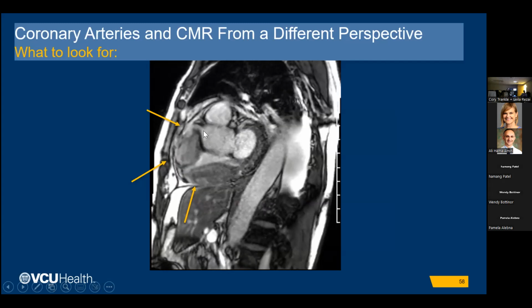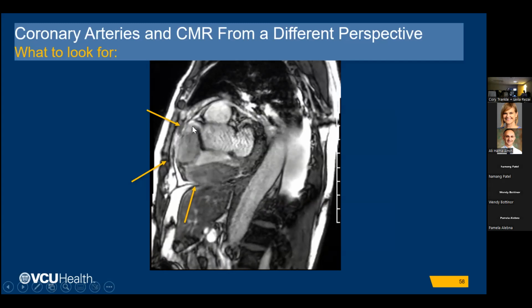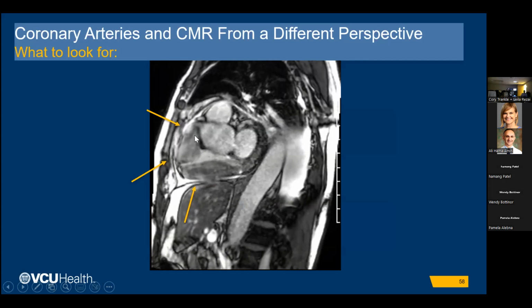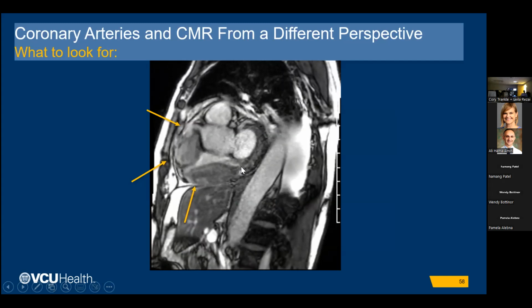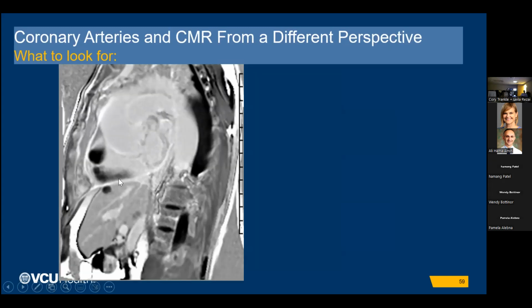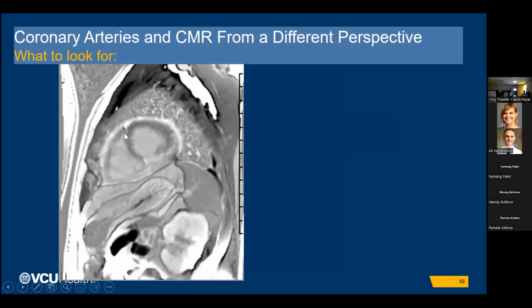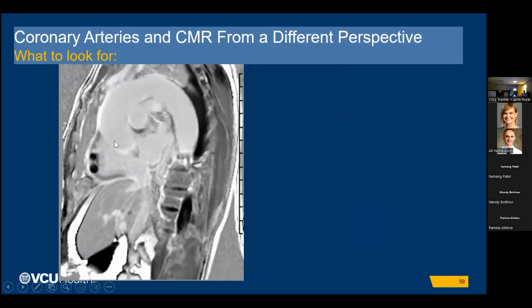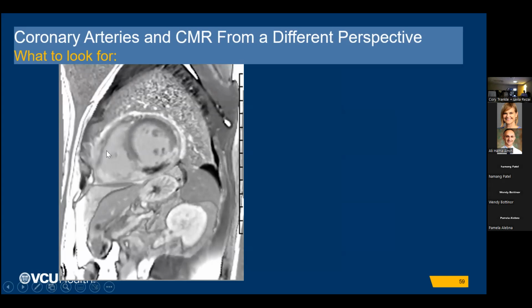We see the right coronary cusp and the right coronary artery as if it seems like it's entering this structure, and the structure continues in the course that the right coronary must be. It has a heterogeneous hyposignal. The post-contrast shows that structure to be not initially enhancing.